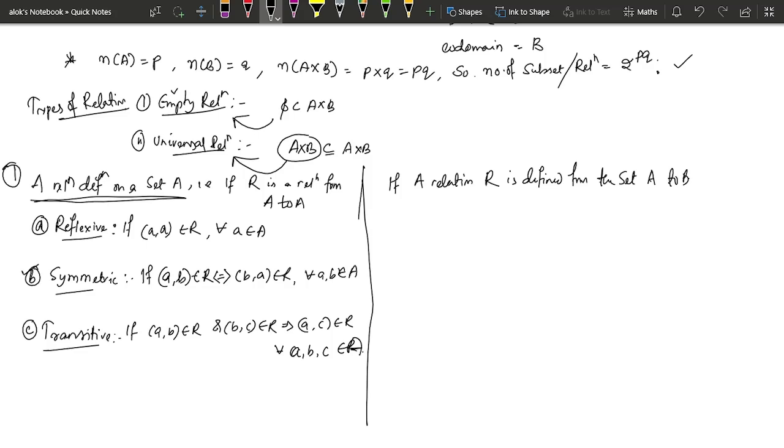Now if a relation is reflexive as well as symmetric as well as transitive, then the relation is called an equivalence relation. So what is an equivalence relation? It is a special case.